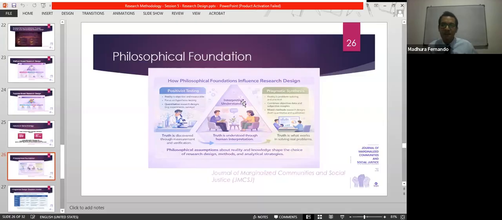Because reality is problem solving and practical, combines objective data and subjective insights, right? Mixed method research designs, both quantitative and qualitative. So it doesn't depend on one philosophy. Sometimes you take positivist approach, depending on your situation. You have numerical data also.